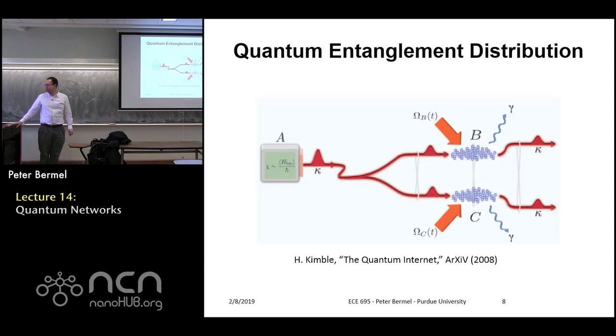And then there's another thing you can try to do that's even more ambitious. If you have a given quantum state A, say you have 2 quantum degrees of freedom, can you send one to node B and another to node C, right?